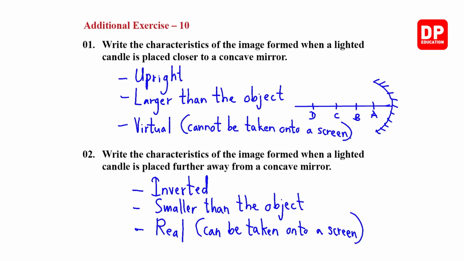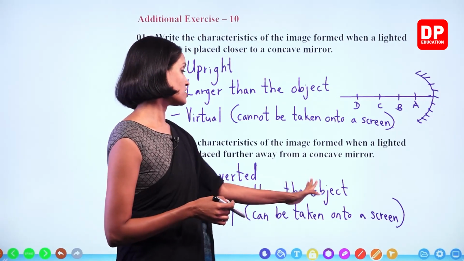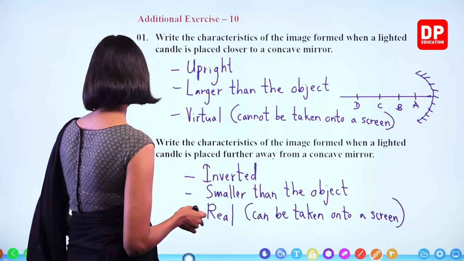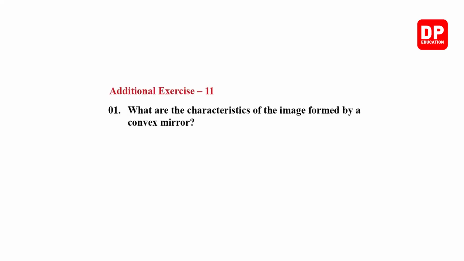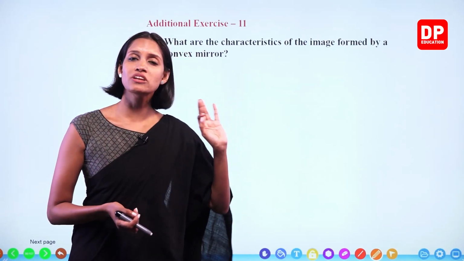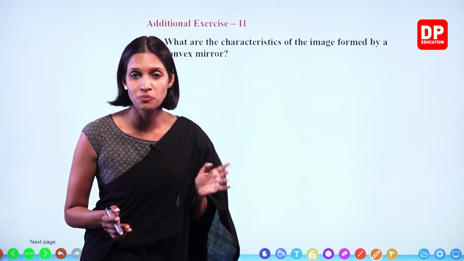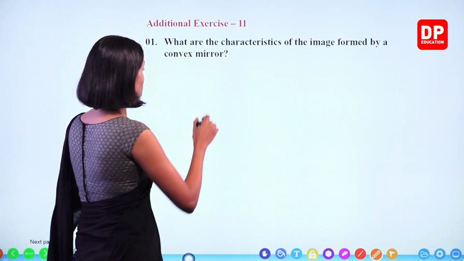Inverted, smaller than the object, and real, can be taken onto a screen. Number 11. What are the characteristics of the image formed by a convex mirror? There's only one type of image formed by a convex mirror. Shall we write them?